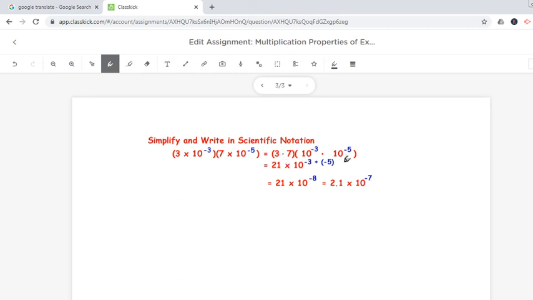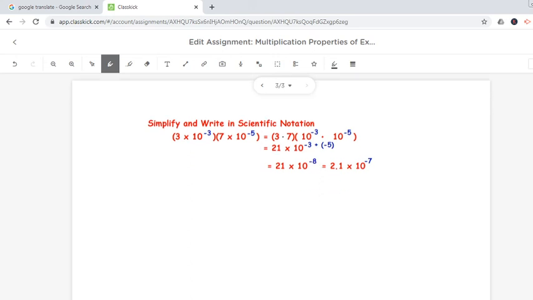And then same base, so we add the exponents. Negative 3 plus negative 5 equals negative 8. So now it's 21 times 10 to the negative 8.